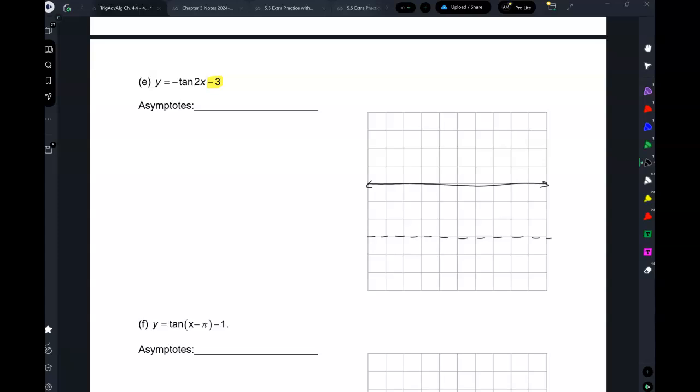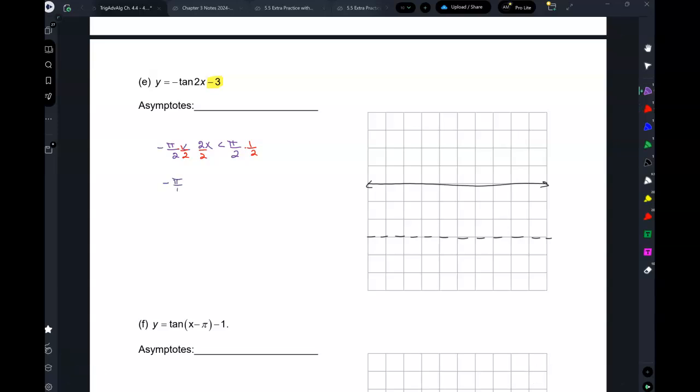Now what are we going to do? This is tangent. So we're going to go from negative pi over 2 to pi over 2. Inside, we put 2x. Divide by 2 is the same as multiply by 1 over 2.